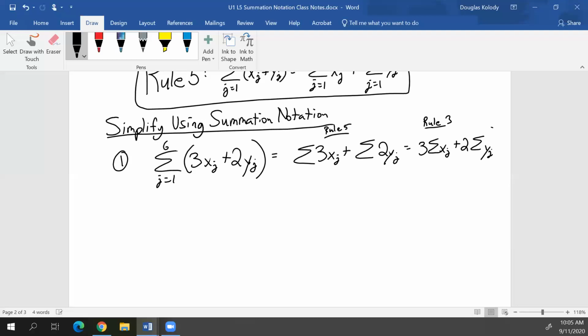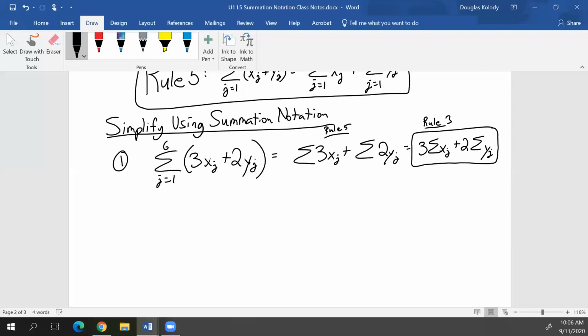Now, ladies and gentlemen, I know it doesn't seem like we've done a whole lot, but that's actually the final answer. We've simplified the problem as far as we could while still keeping the problem in summation notation. That's all that the directions asked us to do. Mr. Colodi, do I have to write the j equals 1 up to 6 for each one? You don't have to, because you're not going to be expanding the problem out.